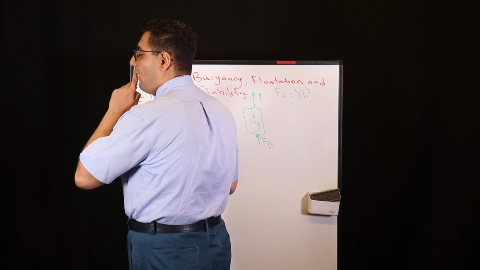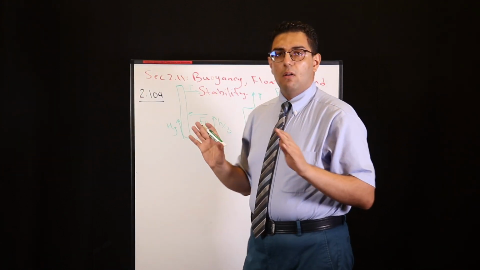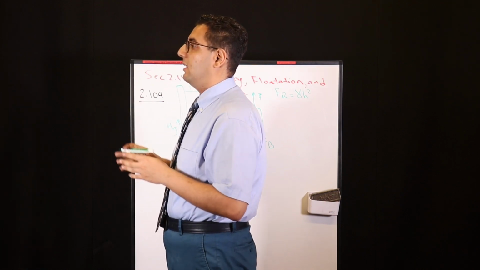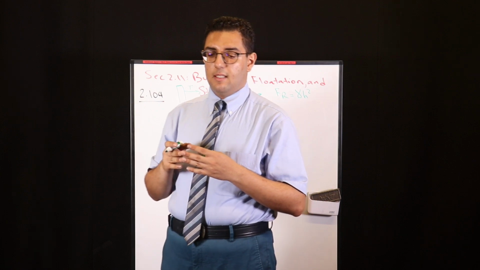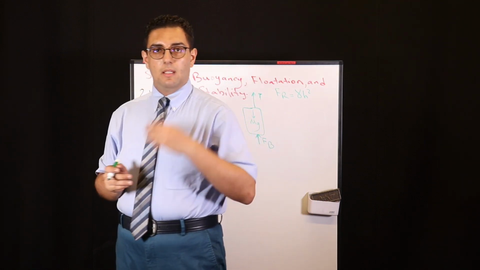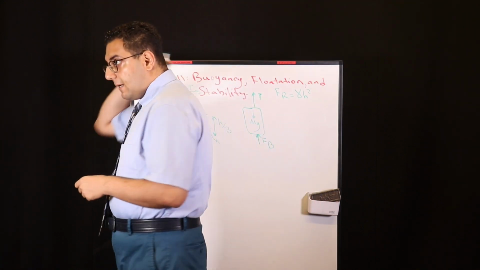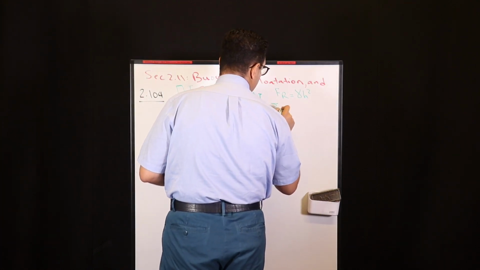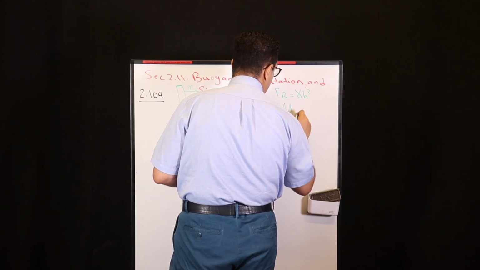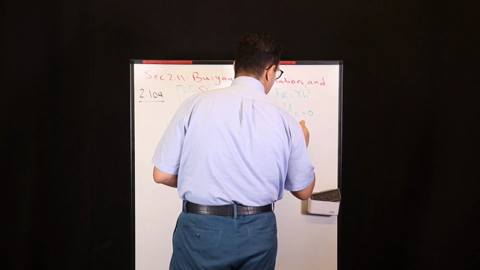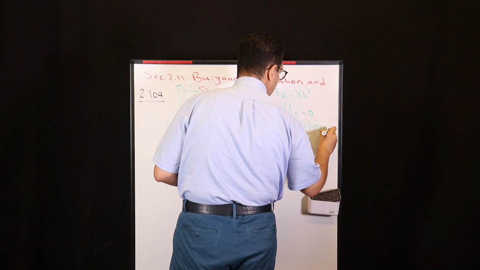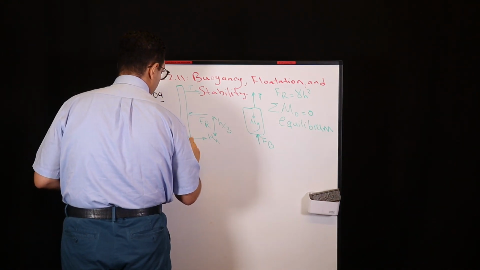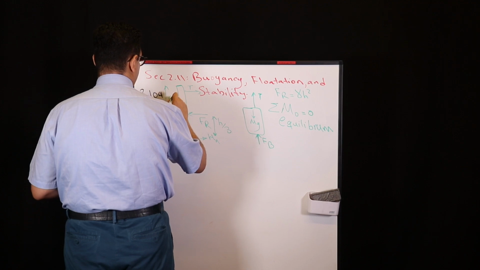So, in order to have the cylinder in equilibrium, since all of the systems should be calculated in an equilibrium status, we have to take a moment about point O. It means that sigma of MO should be equal to 0 for equilibrium. So this is point O. This is 4 feet.